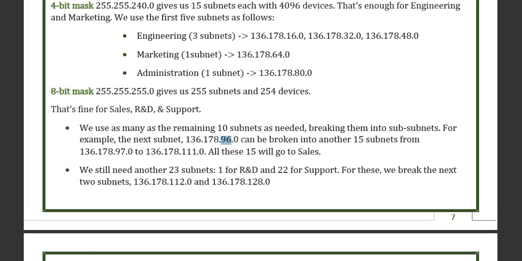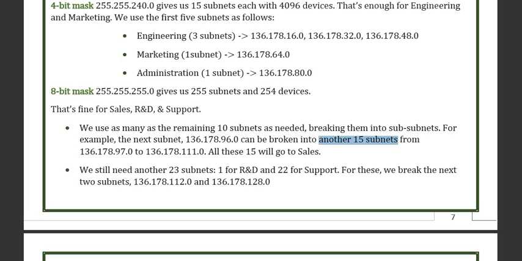Then we break it into 15 subnets, which will go from 97 to 111. That is how we break them into 15 different subnets, because those are already subnetted by 96, and in this section we generate subnets again, from 97 to 111.